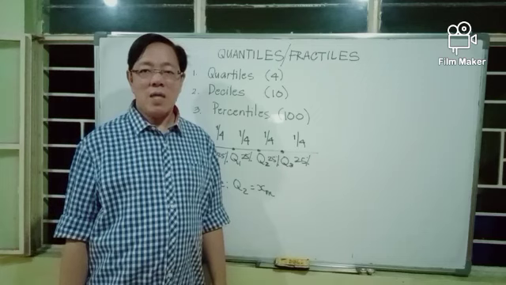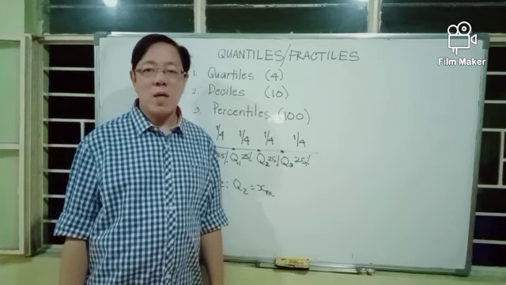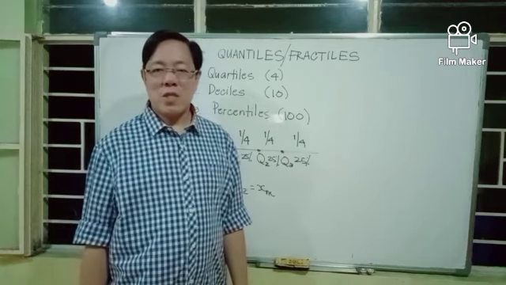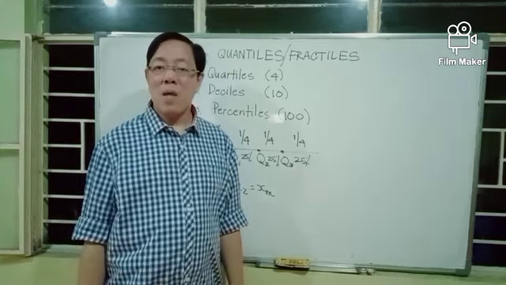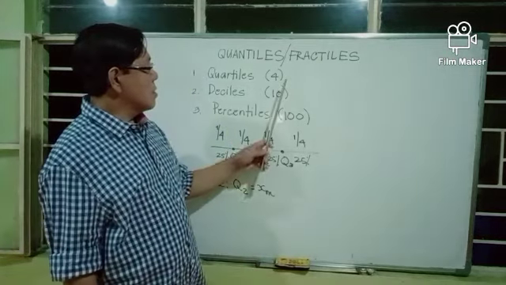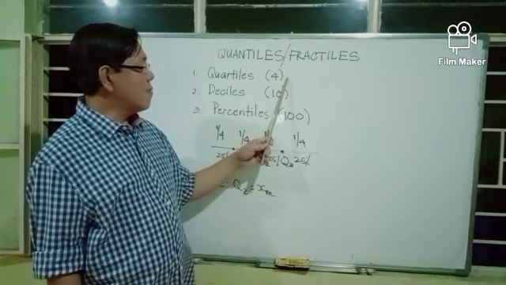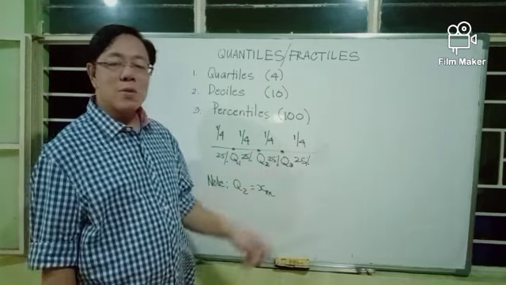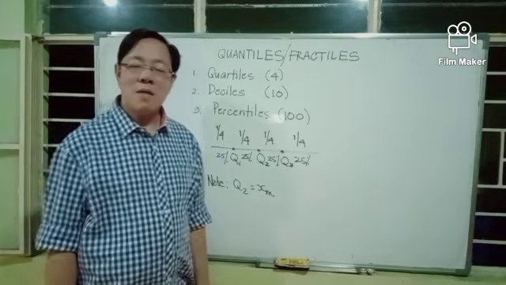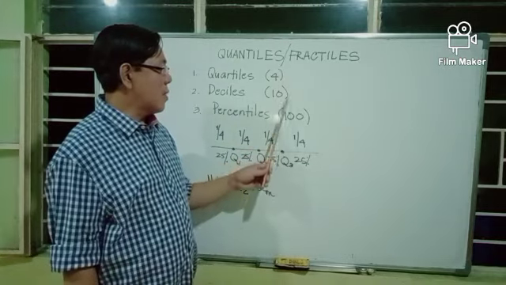And if you have 100 equal parts, each part is 1/100 of one whole, or each part would be 1% of one whole. So you see the pattern. The number of points or values to divide a set of data is 1 less than the number of equal parts.